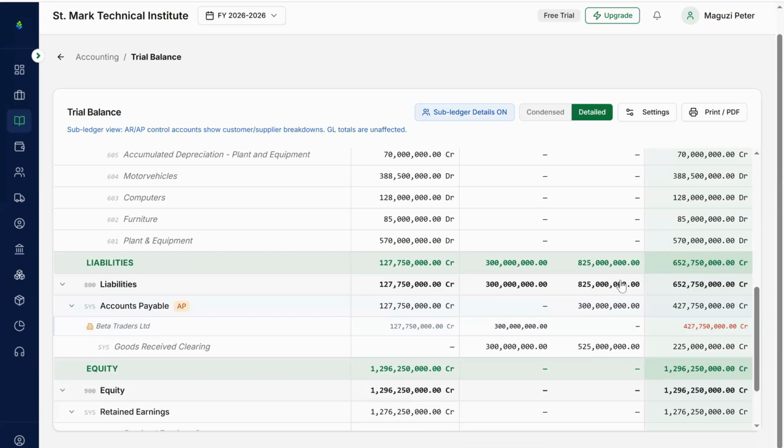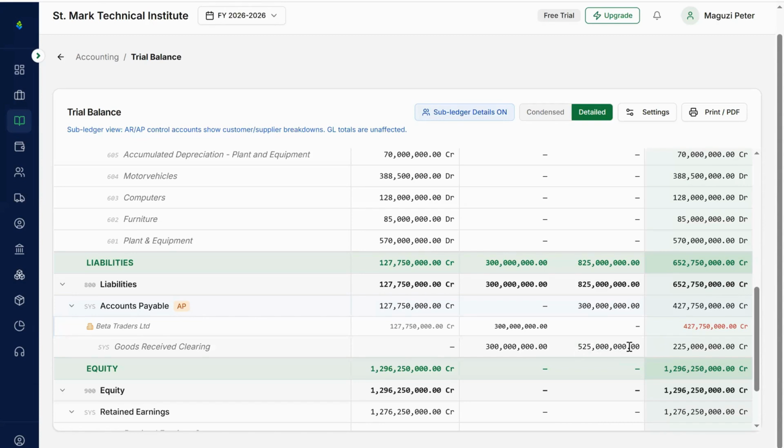Around here, as you can see, we have a goods clearing account, this one here. So what happened is that the 225 has been added to the 300 million to give us 525 million. So this is a total of St. Joseph Supplier and Beta Traders.